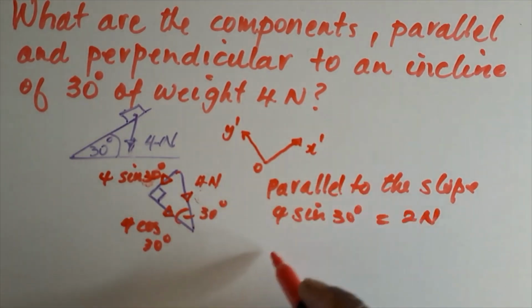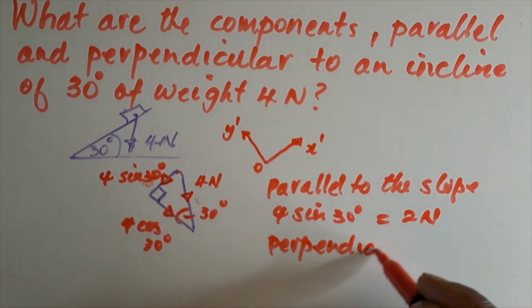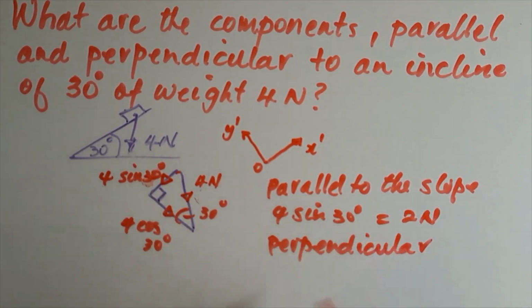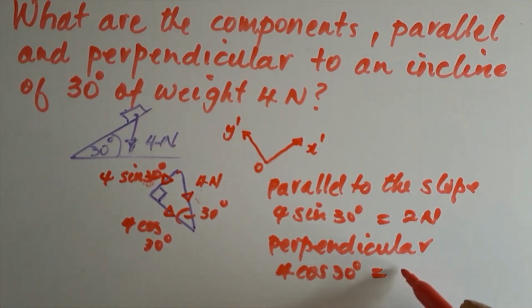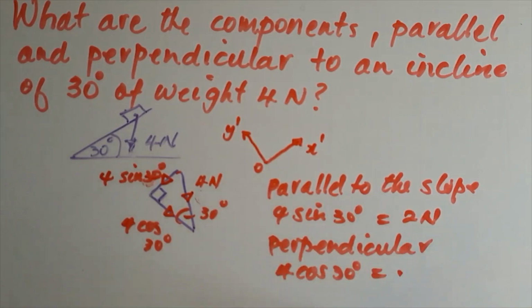And perpendicular to the slope, we have 4 cosine 30 degrees, which is root 3 over 2 times 4, which gives us 2 root 3.